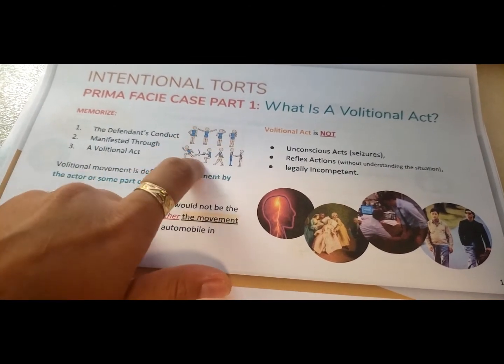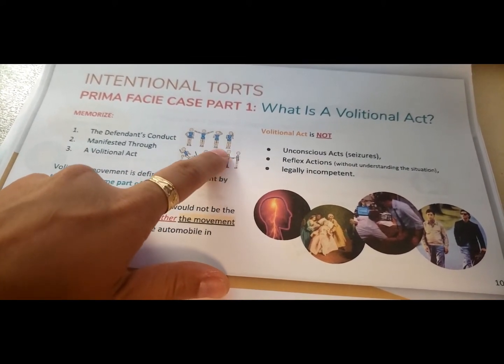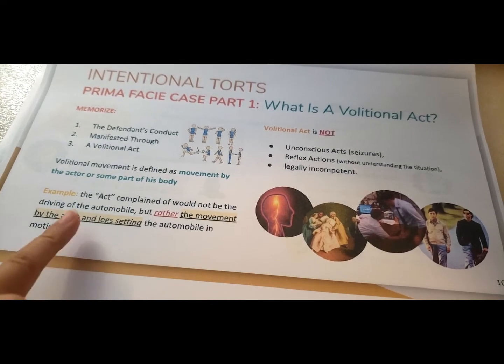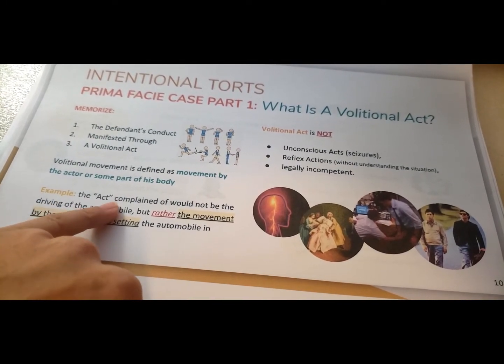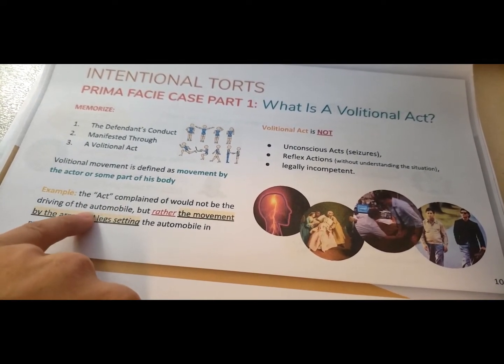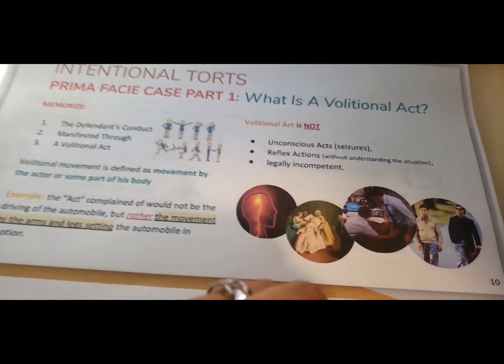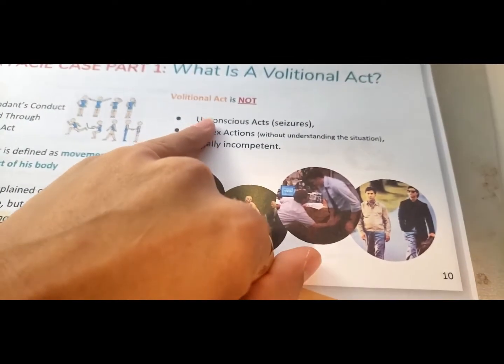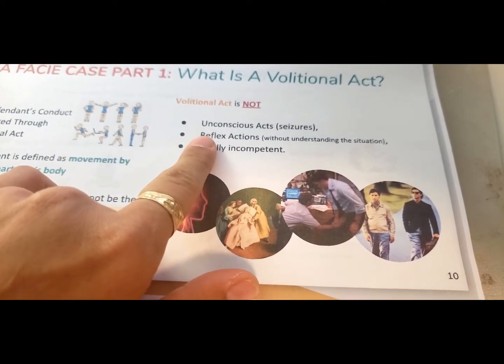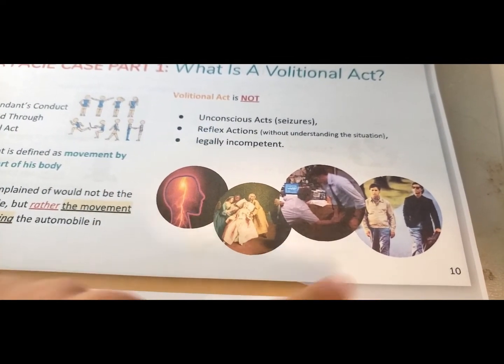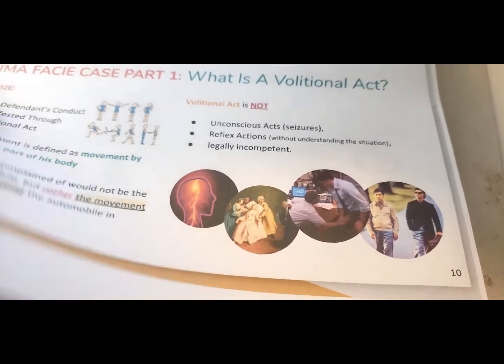So I put this visual element here to show actual physical movement and explain in an example that an act is not driving the car, but rather moving your arms and legs, setting the car in motion. And I explain what a volitional act is not, and I put little pictures in there to illustrate what it is not.